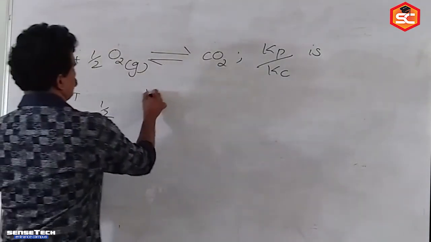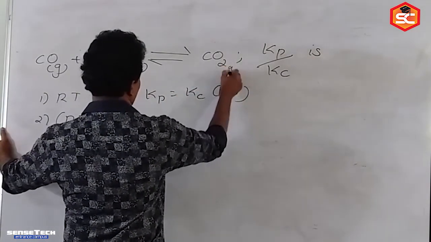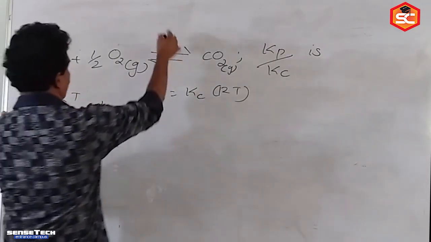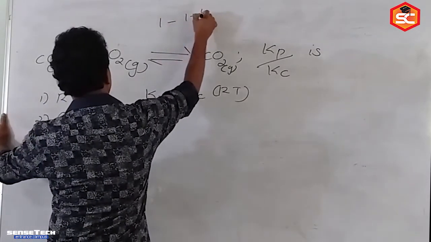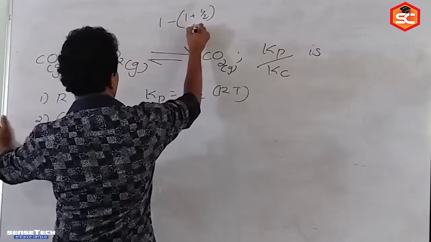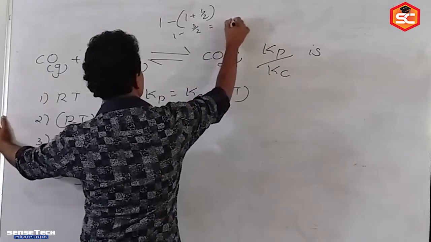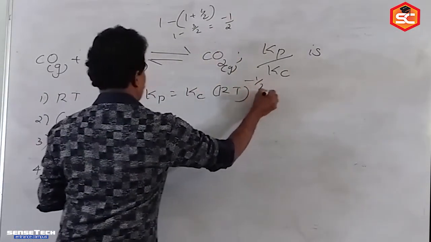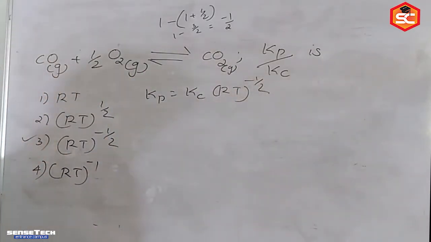Kp is equal to Kc into RT raised to the number of moles of gaseous product minus the number of moles of gaseous reactant. So Kp by Kc is equal to RT raised to minus 1 by 2. The next question.